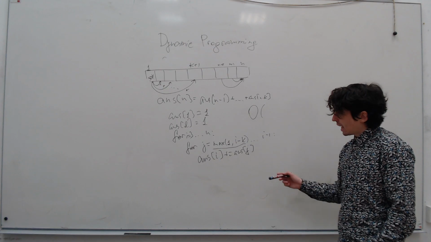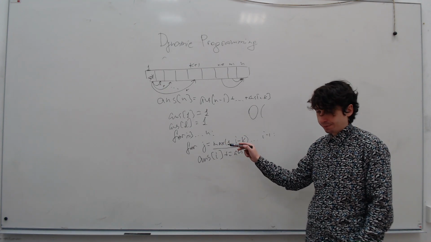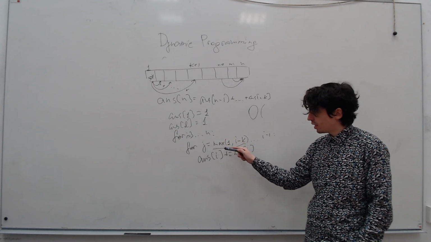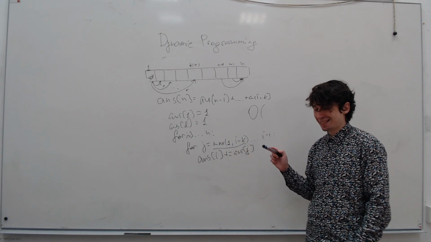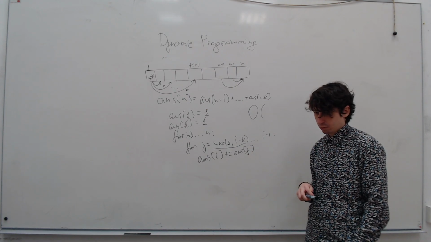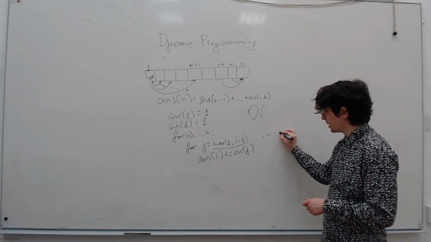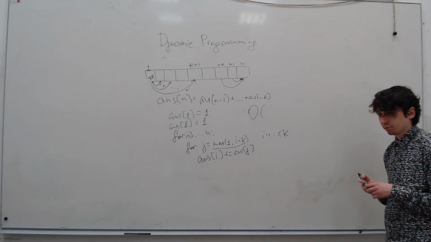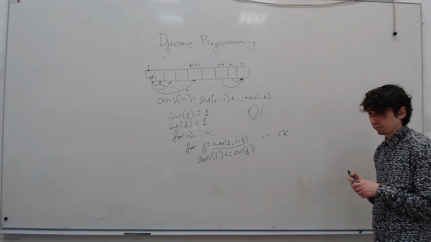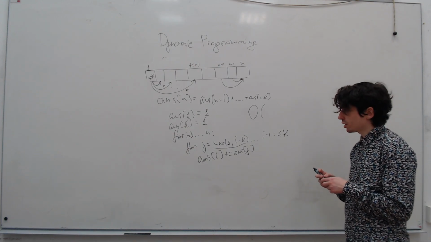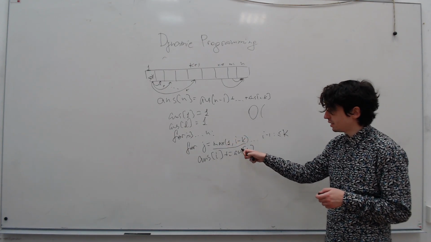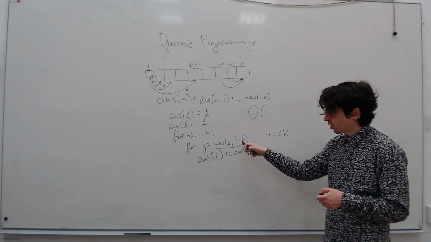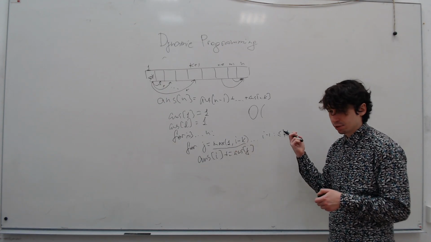Okay, and in the worst case, you can see that the number of iterations this loop does is less than k. It is always less than or equal to k, because if this is negative, then i is less than k, then from 1 to i it is also less than k.